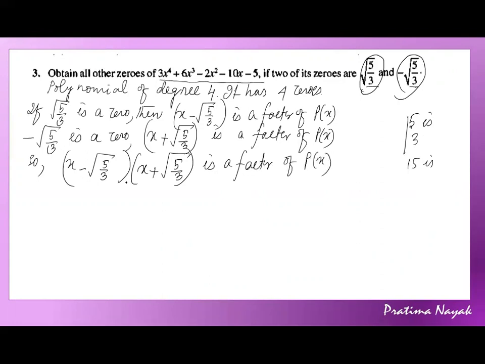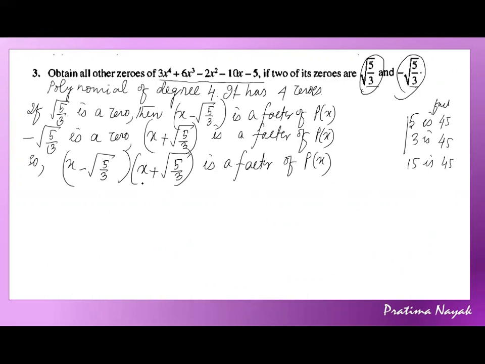Now I'll multiply these two. As I multiply 5 into 3, 15. Suppose 5 is a factor of 45, 3 is a factor of 45, then certainly 15 is a factor of 45. Same thing here. First is a factor, second is a factor, their product is a factor.